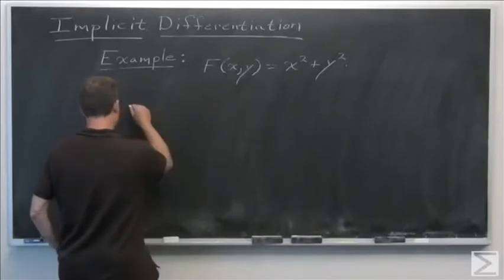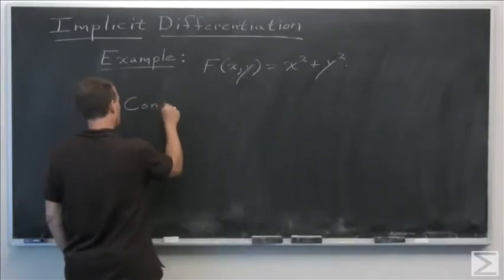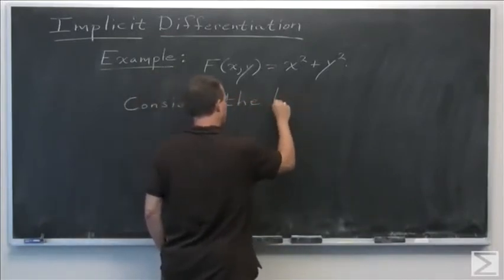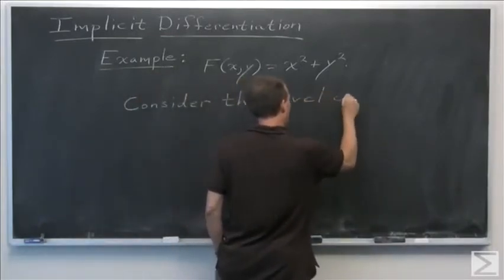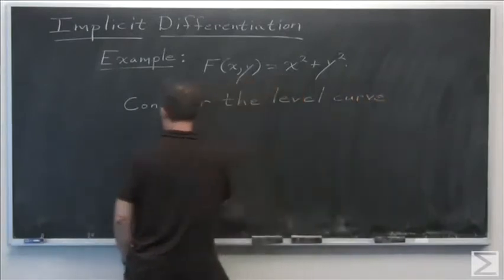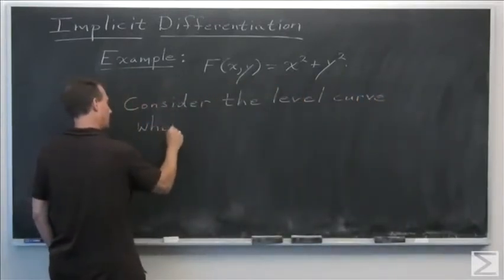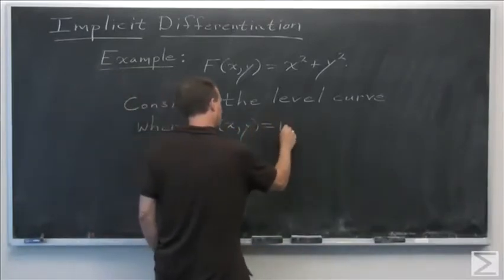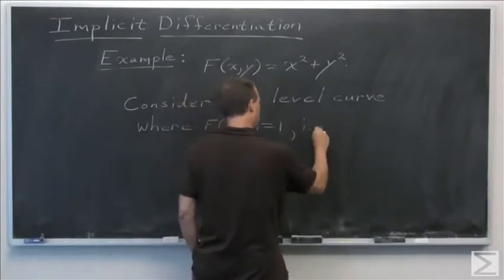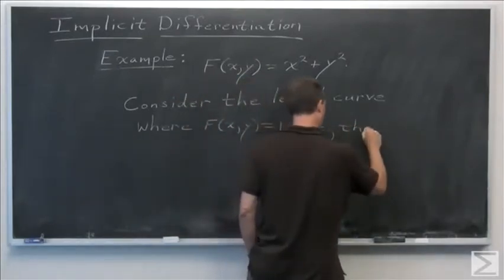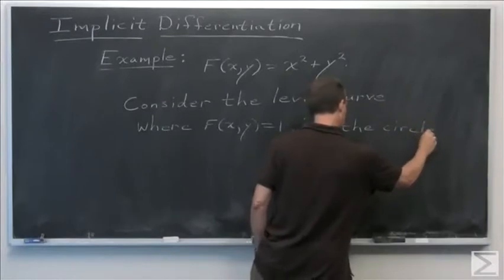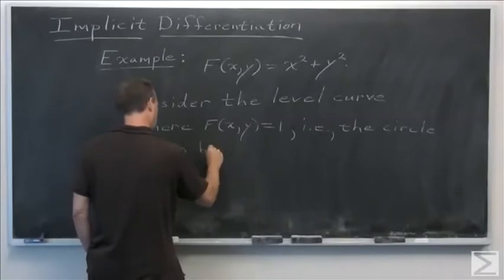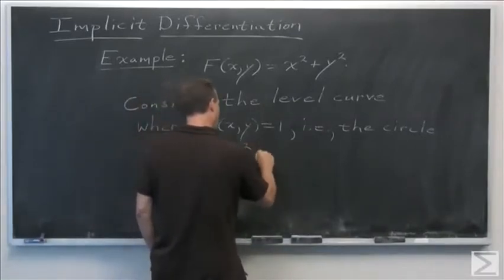We'll go ahead and fix that, consider the level curve where f is 1. That is, the circle given by x squared plus y squared equals 1.